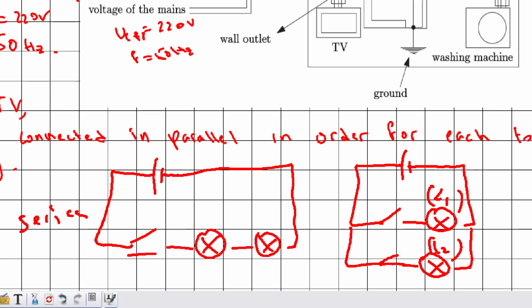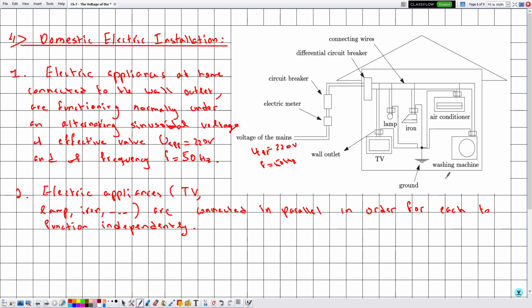If this is closed, L2 will glow and L1 will not function because this switch is open. For this reason, all domestic installations are said to be under parallel grouping, or in other words, all electric appliances in domestic installations are connected in parallel.